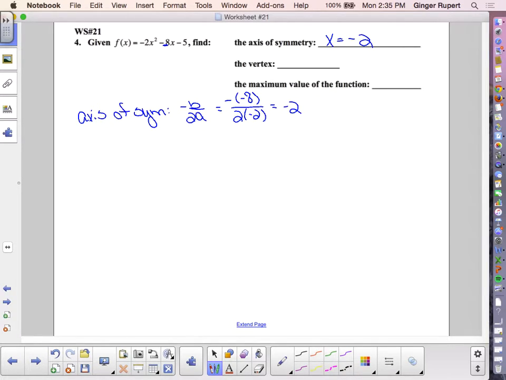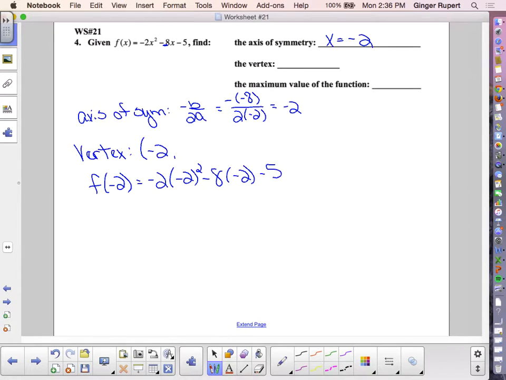Remember to find the vertex, I substitute the axis of symmetry. That's the x-coordinate of the vertex. I'm going to substitute that value into the function. So f of negative 2 is equal to negative 2 times negative 2 squared minus 8 times negative 2 minus 5. So I have negative 2 squared is 4 times negative 2.